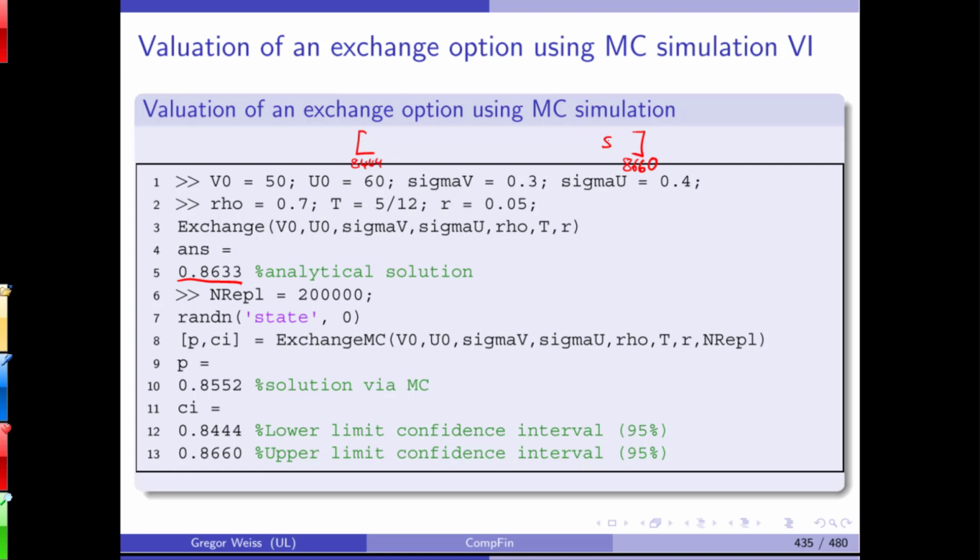The Black-Scholes price is 0.8633, like here, and we have 0.8552. So we're close to the Black-Scholes price, and with a 95% confidence level, for 200,000 replications, we would very much expect that our confidence interval includes the Black-Scholes price, and as you can see, it's a pretty good approximation.